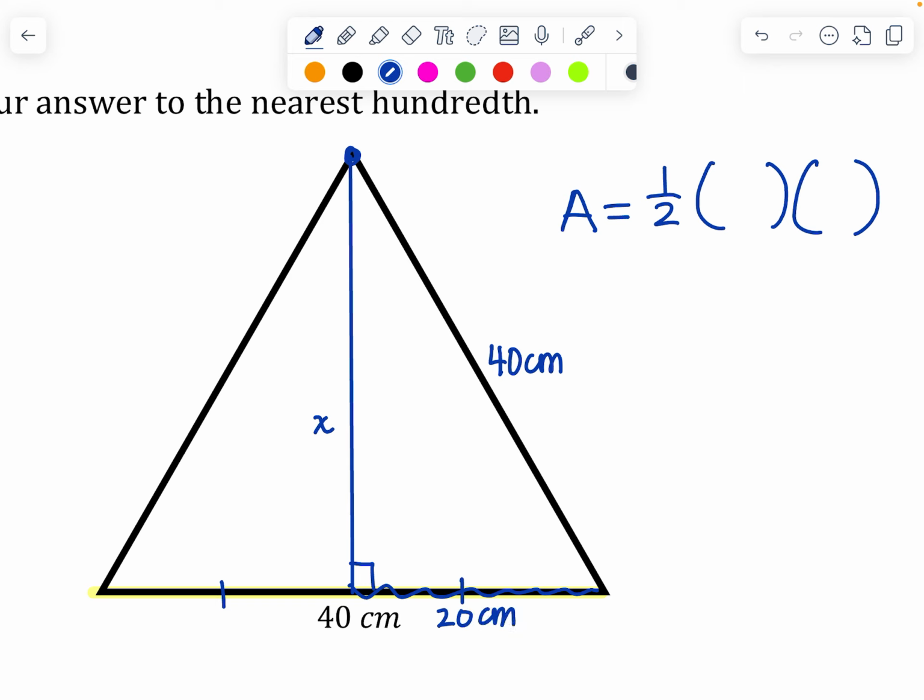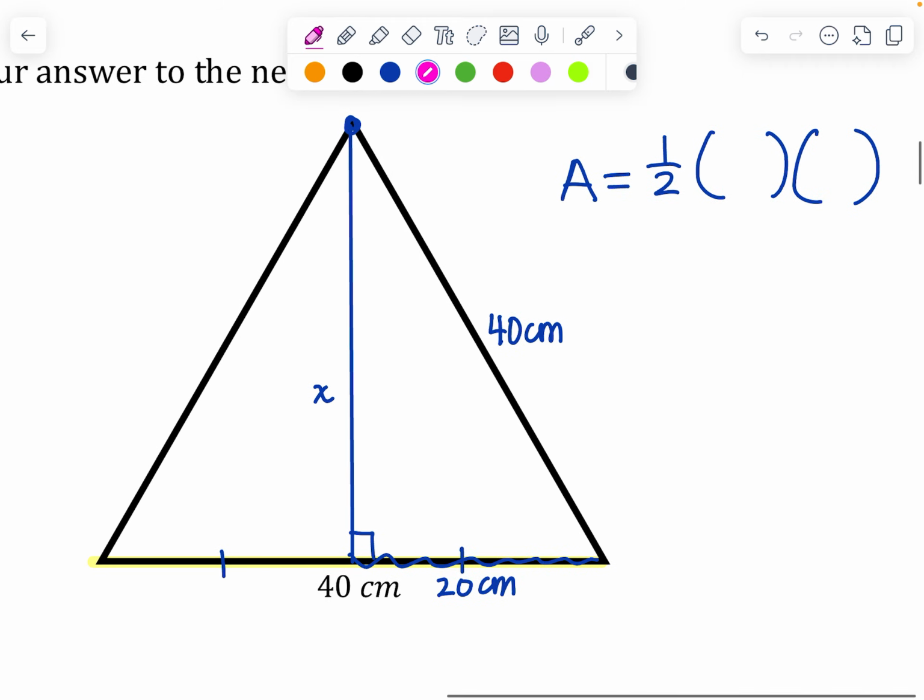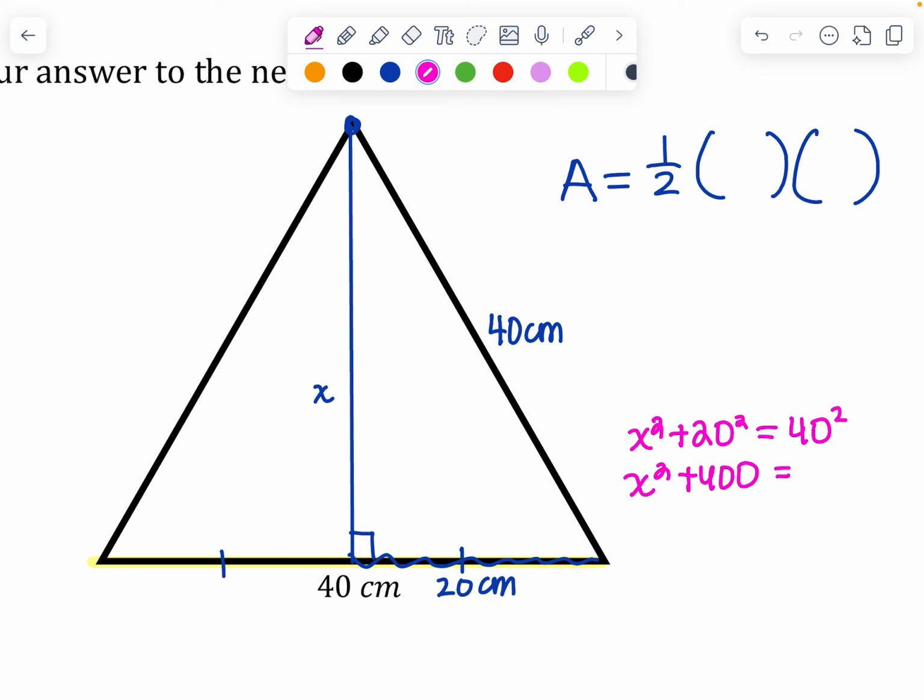So now what we can do is Pythagorean theorem to figure out the height of that right triangle. So we're going to do x squared plus 20 squared is equal to 40 squared. x squared plus 400 is equal to 1600. x squared is equal to, if I subtract 400 from both sides, I get 1200, and then square root to solve.